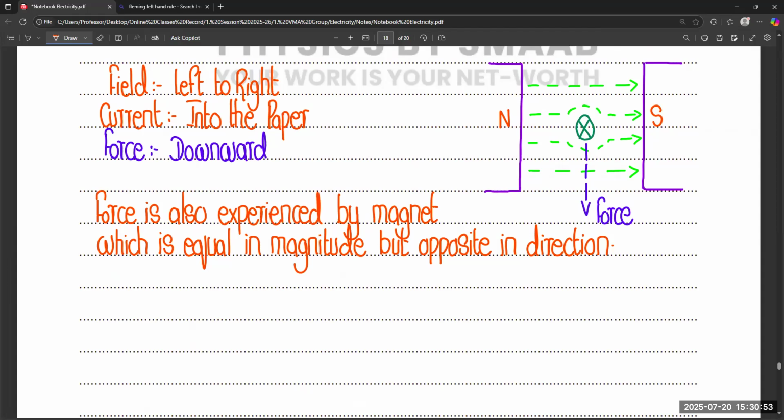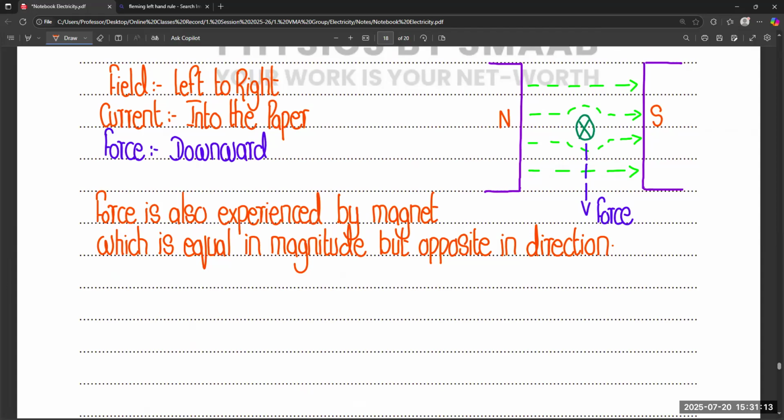So this is the scenario. But again, we are not talking about the movement of the magnet, so that is not our main subject. But still, we have to remember that there will be an opposite force on the magnets also because of the conductor.